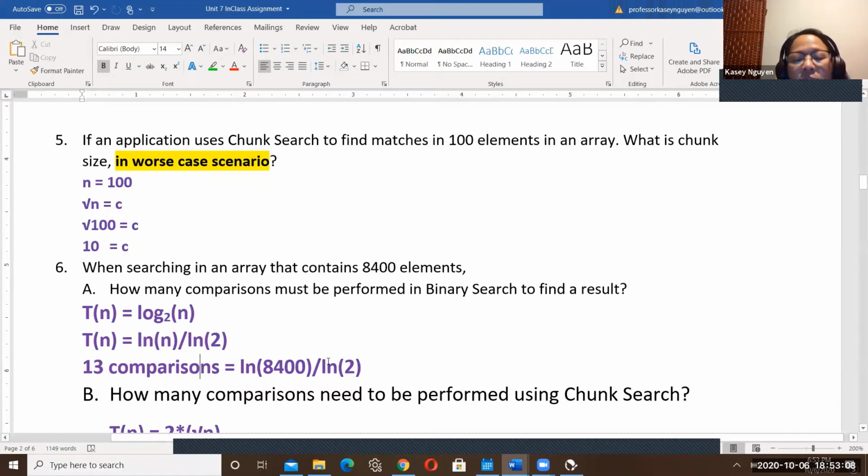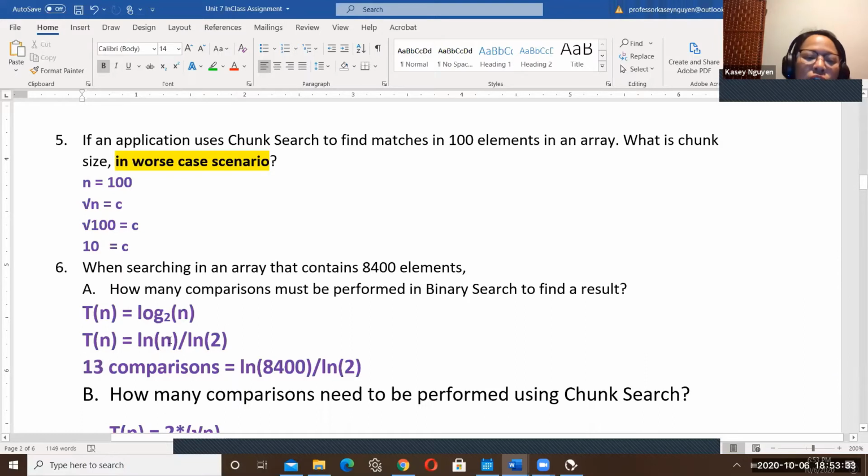Any question? Because that's the worst case scenario. If I round down to 12, we're losing the fraction of it, so we're not measuring it at worst case scenario. So this would be for the binary search.